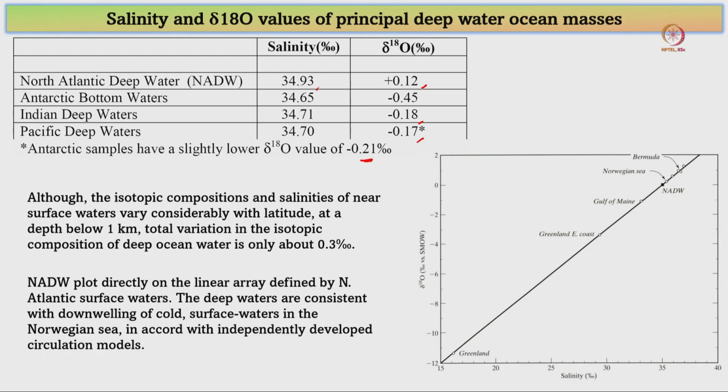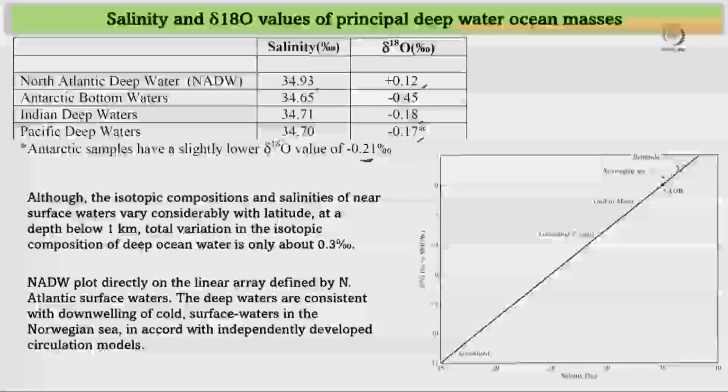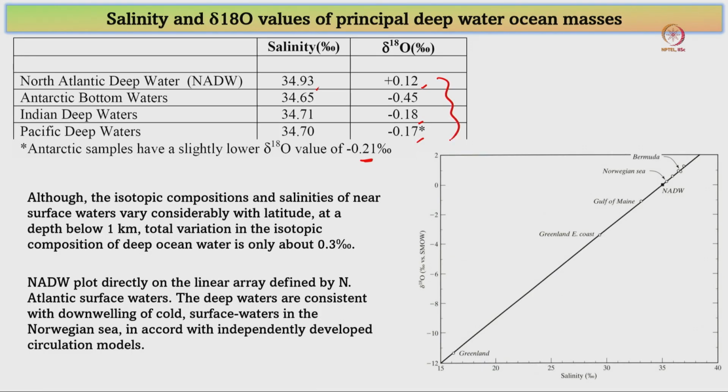Now, this kind of small variation can also be extremely useful in understanding how the different ocean masses are mixing, how they are forming currents, and where there is upwelling and downwelling going on.